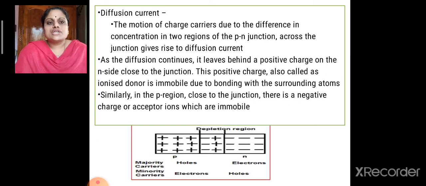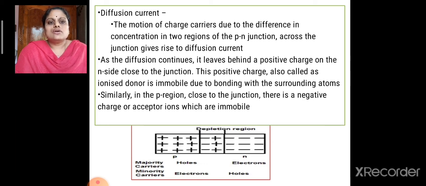The motion of charge carriers due to the difference in concentration in the two regions of the PN junction across the junction gives rise to a diffusion current. As the diffusion continues, it leaves behind a positive charge on the N side close to the junction, and this positive charge is called the ionized donor.